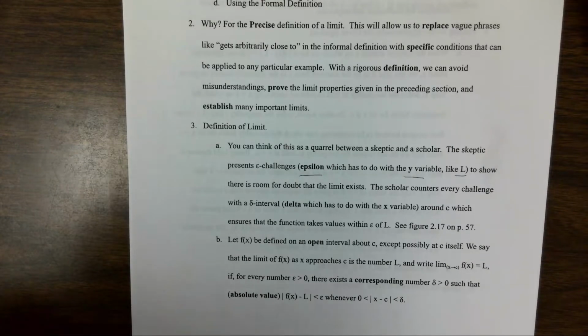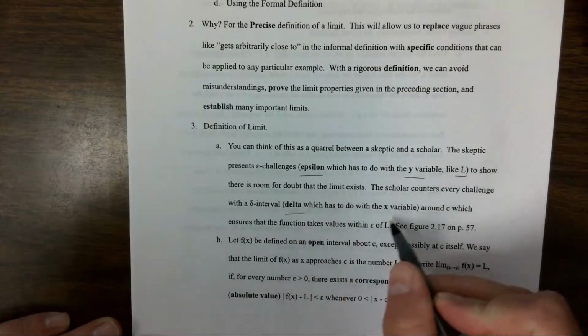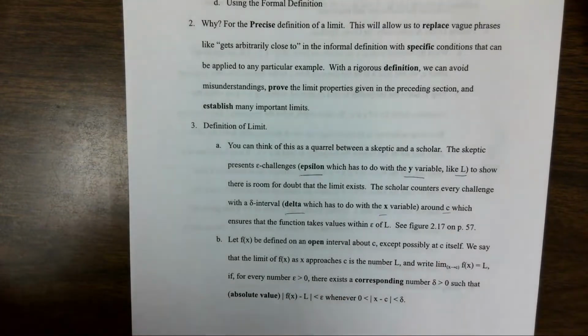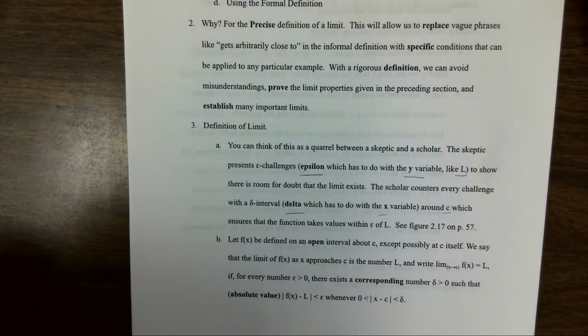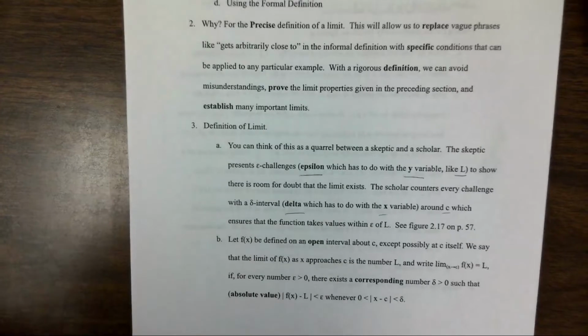But the scholar, or the lawyer, counters every challenge with a delta interval. That's delta, which has to do with x, which has to do with the c variable, which ensures that the function takes values within epsilon of L.